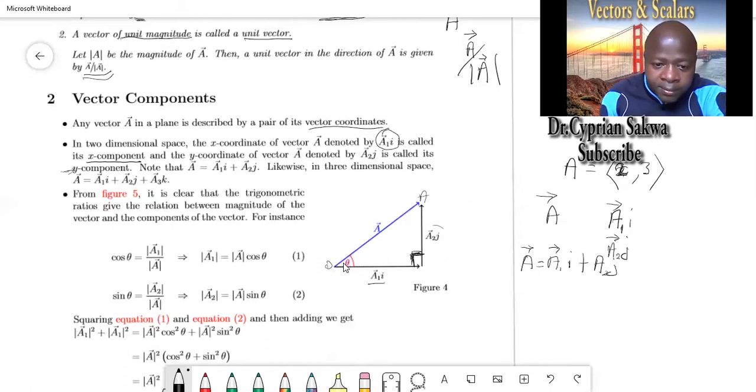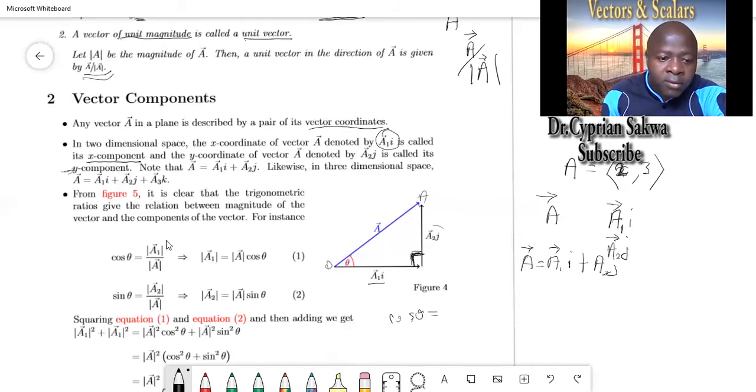For instance, if you look at this angle theta, then cos theta, which is adjacent over hypotenuse, would be the x component over the magnitude of the vector. The distance from here up to here is the magnitude of this x component.